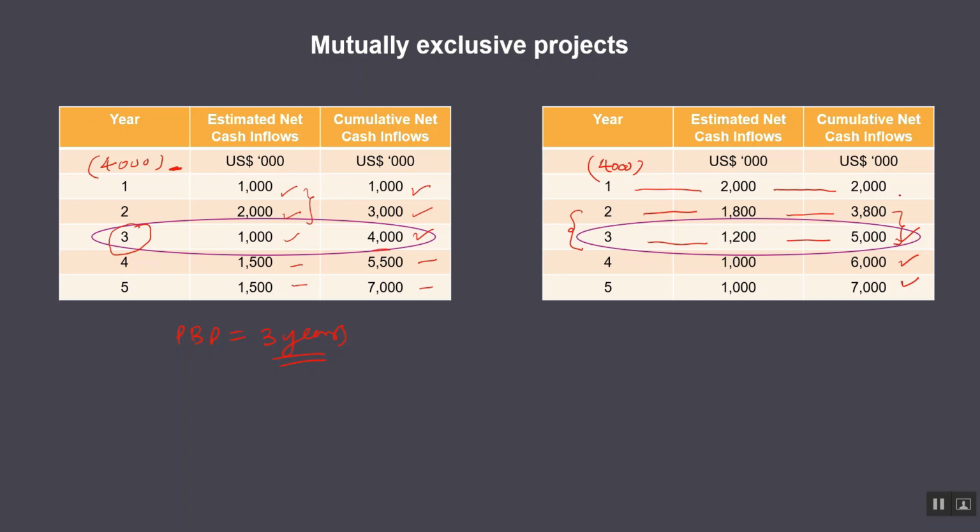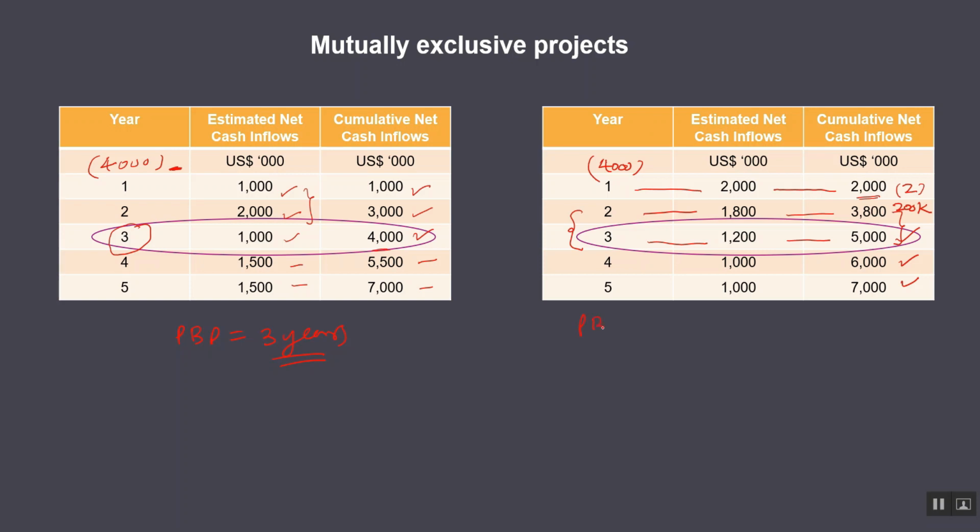Now, at the end of the first year, how much is recovered out of 4 million? 2 million is recovered. So how much is left? 2 million is left. At the end of the second year, how much is left to be recovered? 200,000. So let's calculate the payback period.